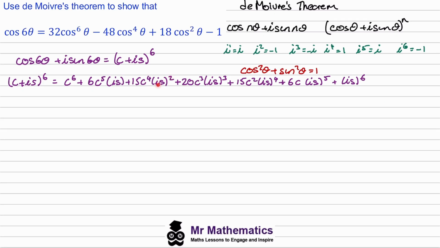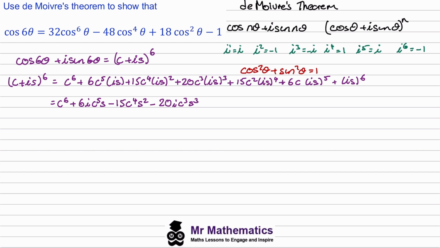And then we can replace the I squared, I cubed, I to the 4, and so on with each of these. So we'll get c to the 6 plus an I term, and then I squared is negative 1. So we'll get negative 15 c to the 4 s squared. I cubed is negative I, so minus 20 I c cubed s cubed.